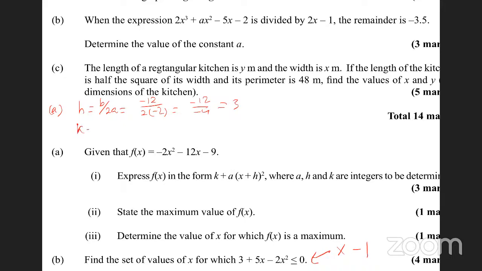And K is C minus A H squared. C is minus 9, A is minus 2, H is 3, squared. So that'll be minus 9, and a minus and a minus makes a plus, so it's plus 2 by 9. So that's 18 minus 9, which is 9. Minus 9 plus 18 is 9, right?